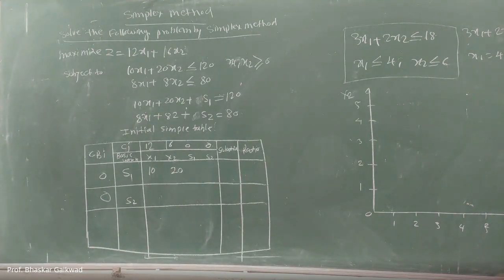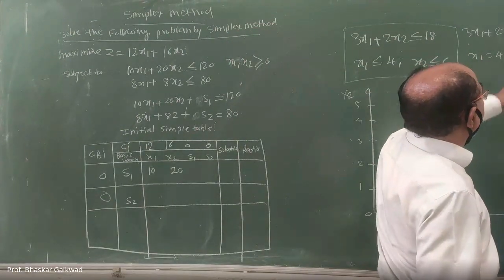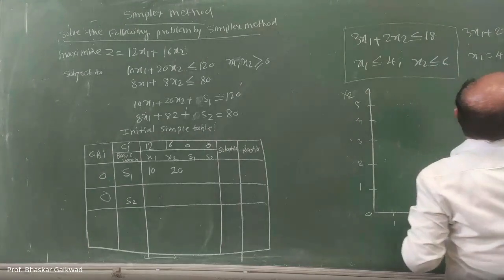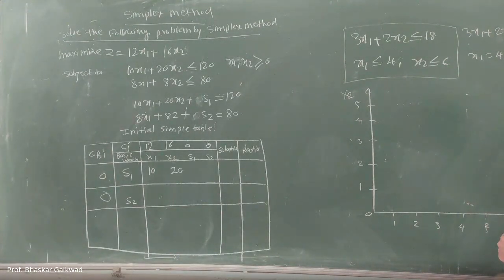Now in this equation, x1 is 0 then x2 is 6, and then x1 is 0, x2 is 9.